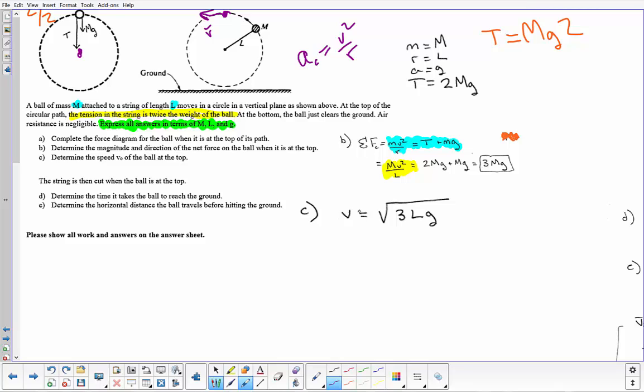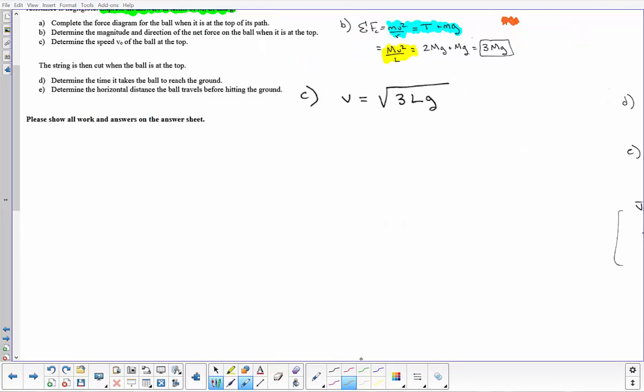And so where did this come from? I simply rearranged this equation for V. Let me rewrite it and I'll show the rearranging for you. My original equation is mv squared over L equaling 3mg.